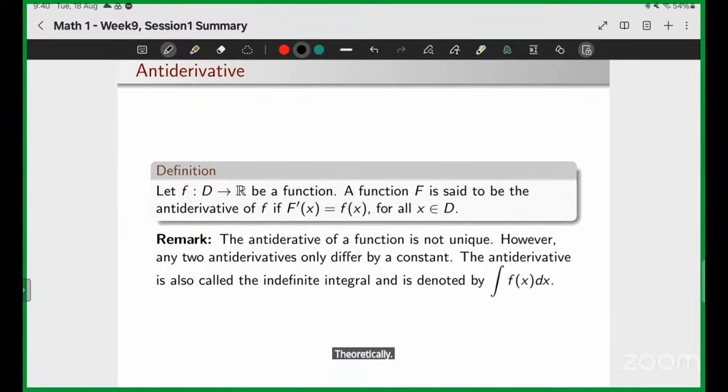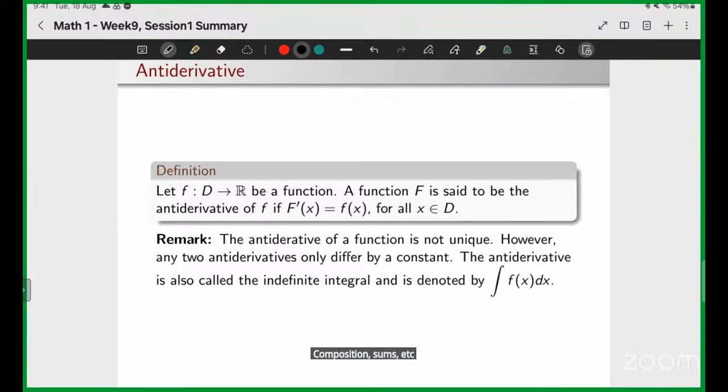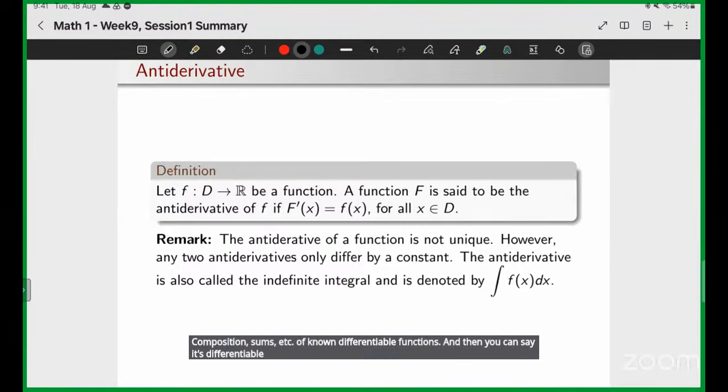Theoretically, we have to compute f of x plus h minus f of x divided by h and take the limit, by first principles, or use one of the properties, writing them as compositions, sums, etc. of known differentiable functions, and then compute the derivative using the rules specified.